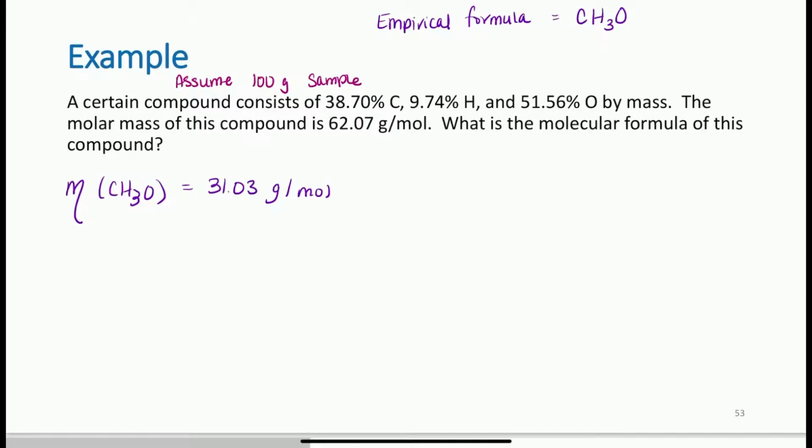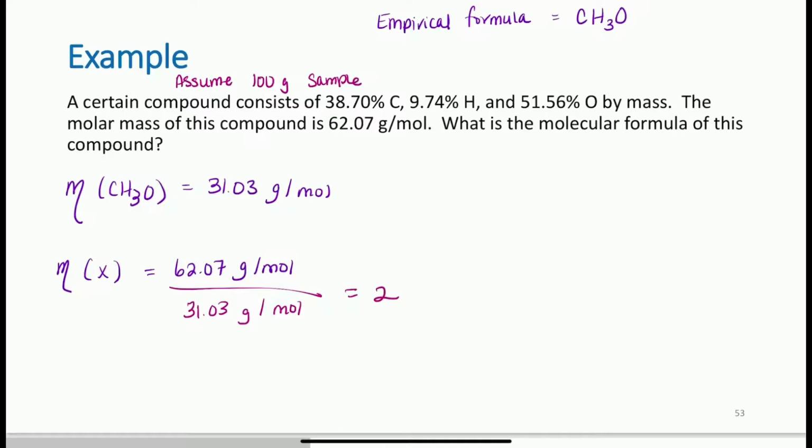I know the molar mass of the actual compound, call that X, is equal to 62.07 grams per mole. I'm going to divide this by the molar mass of the empirical formula. And I see the answer here is basically 2.